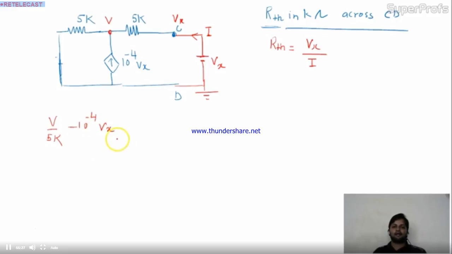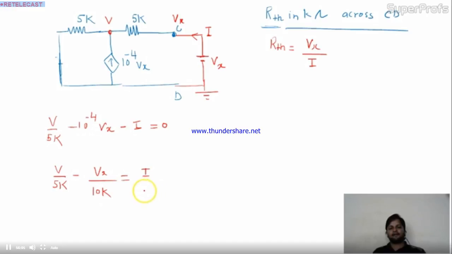And another term is V minus Vx divided by 5k. Correct? Incoming current is minus I over here, equal to 0. Okay, so your equation is V by 5k, plus V minus Vx divided by 10k, equal to I, if I am right.